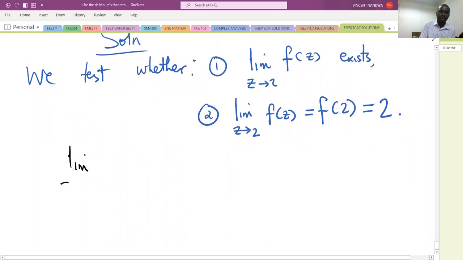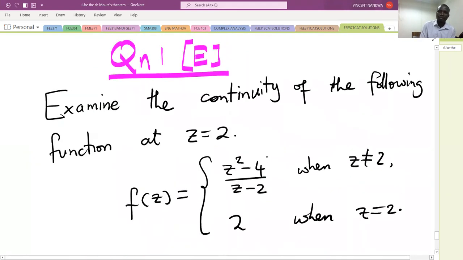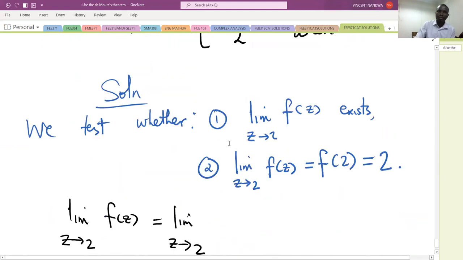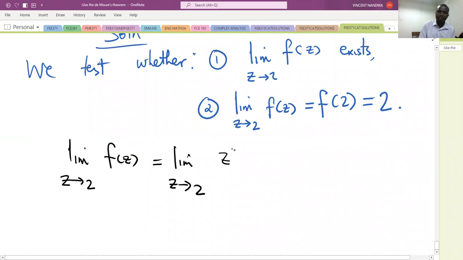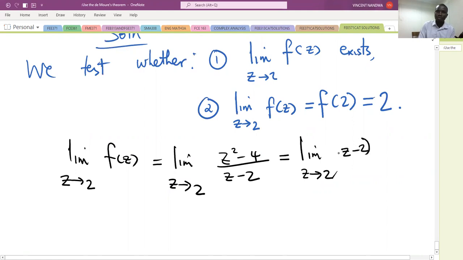The limit as z approaches 2 of the function f(z) will be the limit as z approaches 2. Now we use this first formula here: (z² − 4)/(z − 2). You realize that this is the difference of two squares. So this limit as z approaches 2 of (z − 2)(z + 2), divided by z − 2.